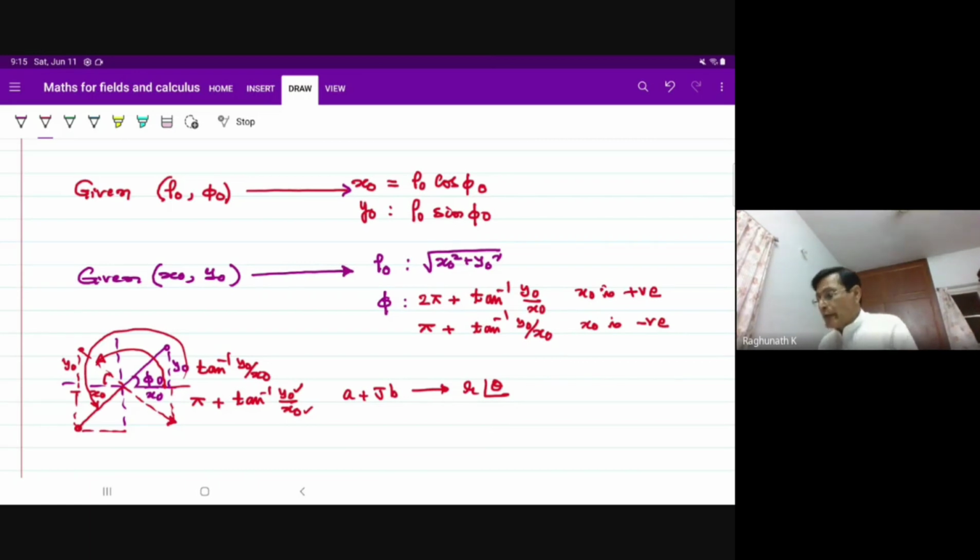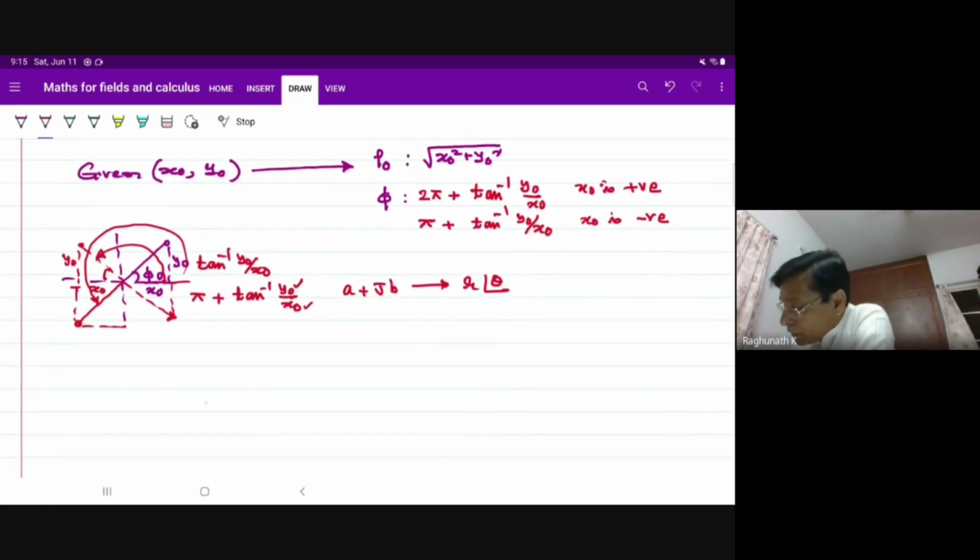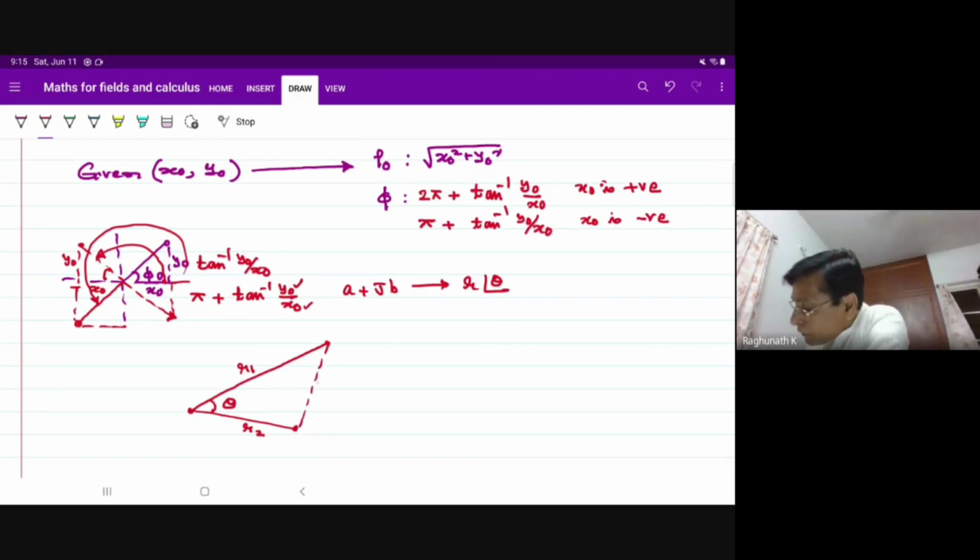We know that if there is R1 and R2 with angle theta, what is this side? What is this side?